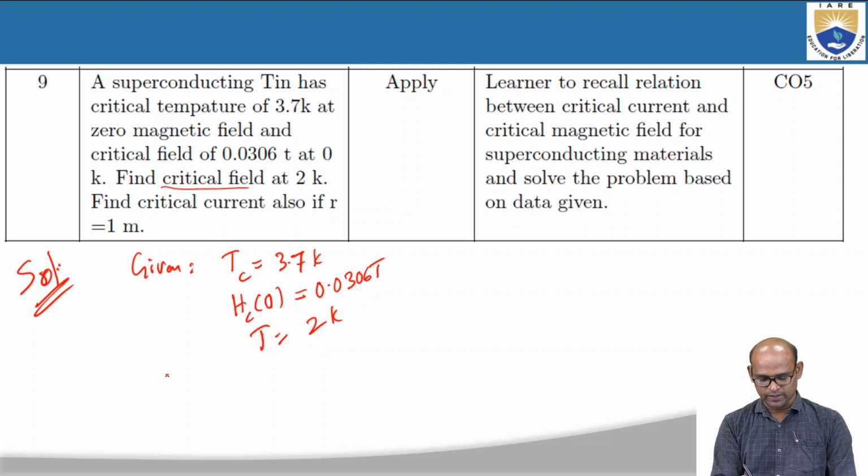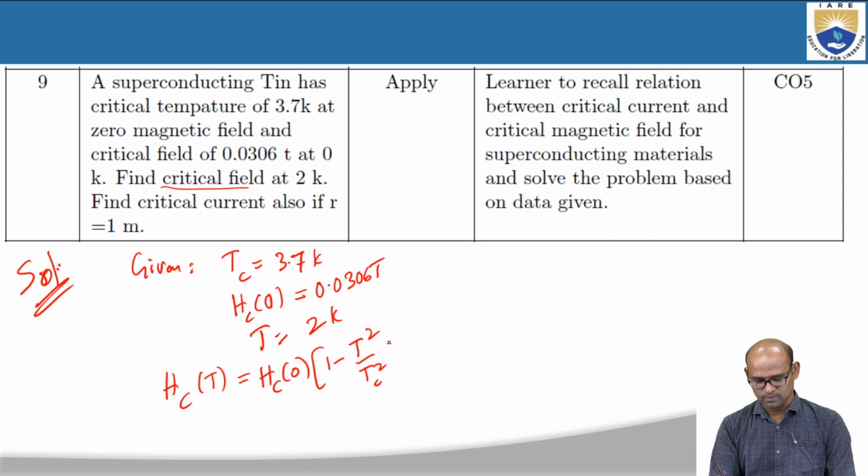Hc of T is equal to Hc of 0 into 1 minus T square divided by Tc square. Substituting all the values: Hc of T is 0.0306 into 1 minus 2 square divided by 3.7 whole square.